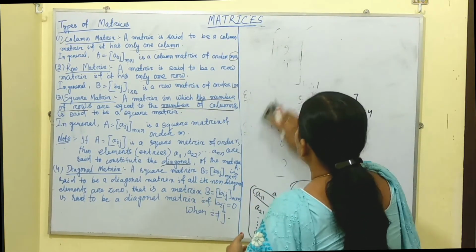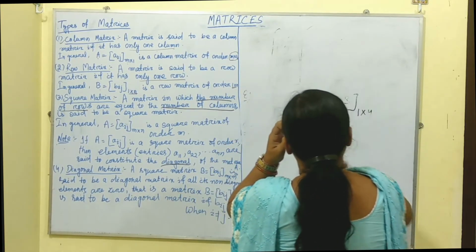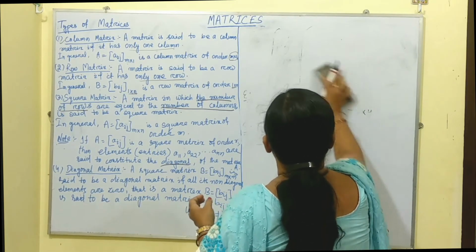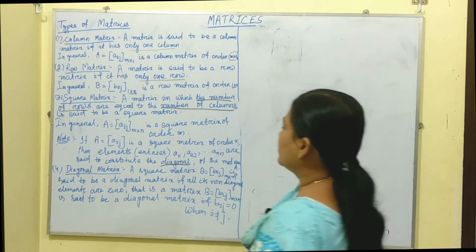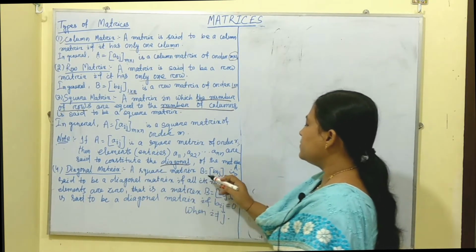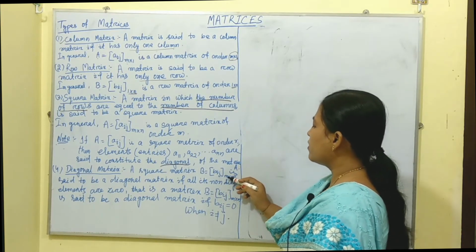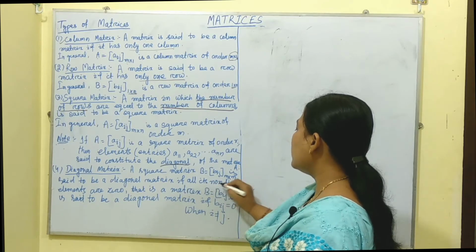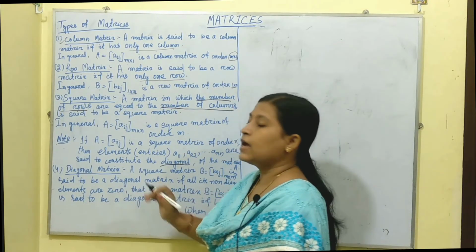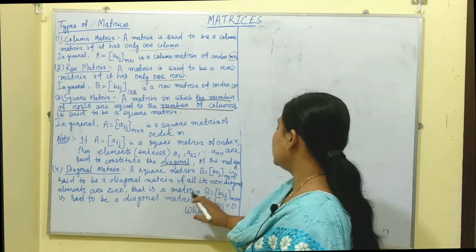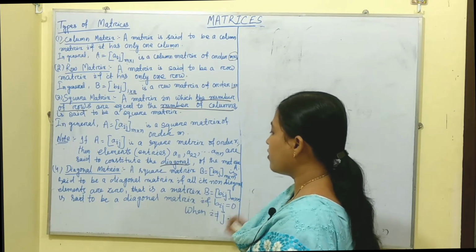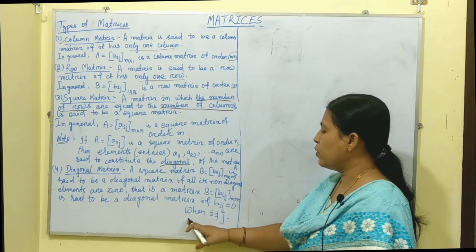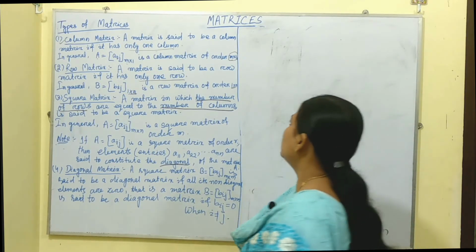Now we'll start diagonal matrix. So a square matrix B is equal to Bij of order m, said to be diagonal matrix if all its non-diagonal elements are 0. That is, matrix Bij of order m is said to be a diagonal matrix if Bij equal to 0 when i not equal to j.